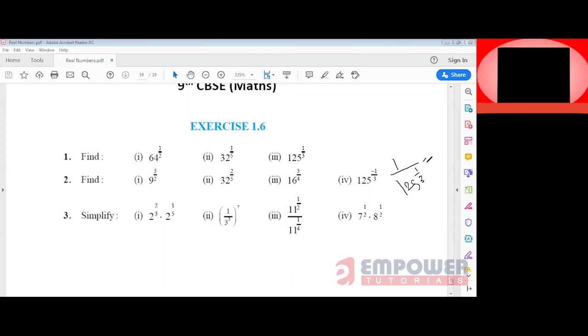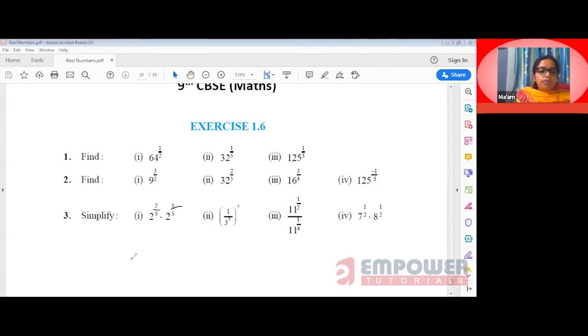So this will be equal to 1 upon 5. Now next one. Here this is 2 by 3, okay, and this is 1 upon 5. So there is a multiplication sign over here, so you will add these two exponents. So this will be 2 upon 3 plus 1 upon 5.